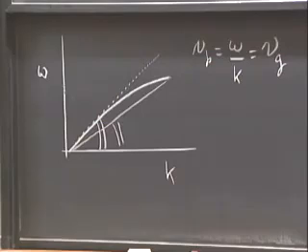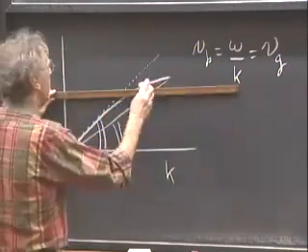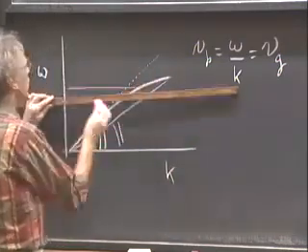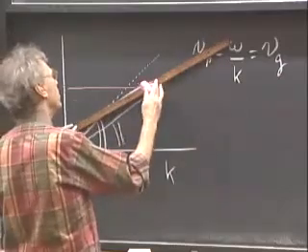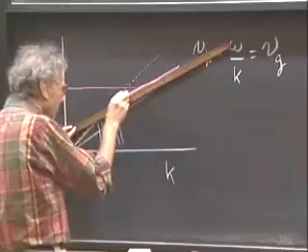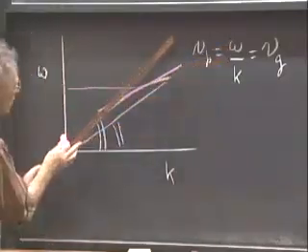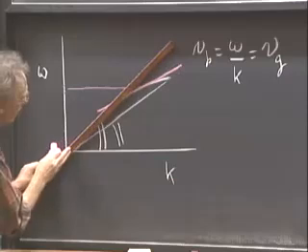But the group velocity is also dependent now on frequency. For instance, right at this frequency here, the group velocity is given by the slope, the d omega dk. And that group velocity has a different angle, a different slope, than this slope.